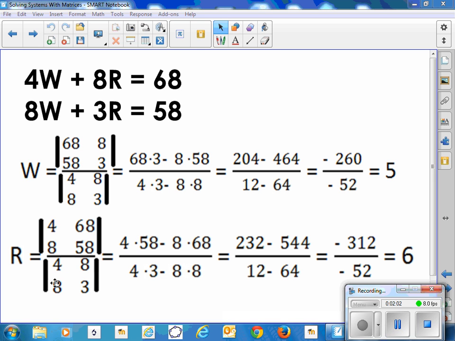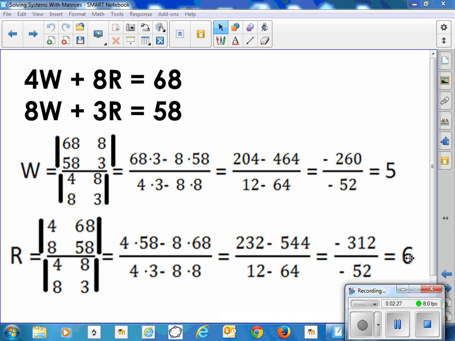And then the matrix for the determinant below in the denominator is just the coefficients of the variables. So I multiply 4 times 58 minus 8 times 68, divided by 4 times 3 minus 8 times 8. That tells me that R is 6.